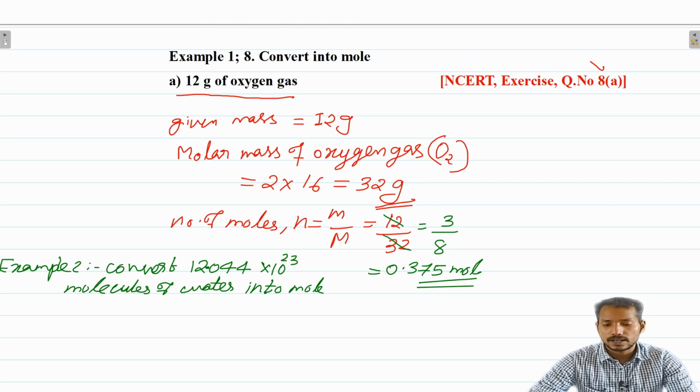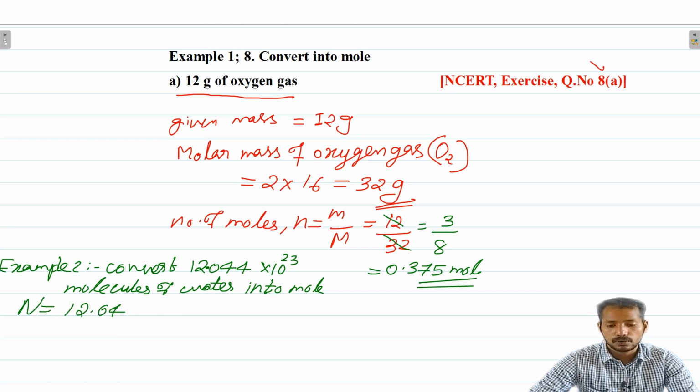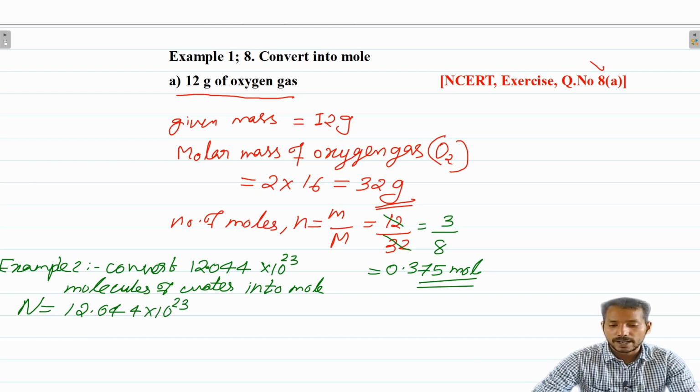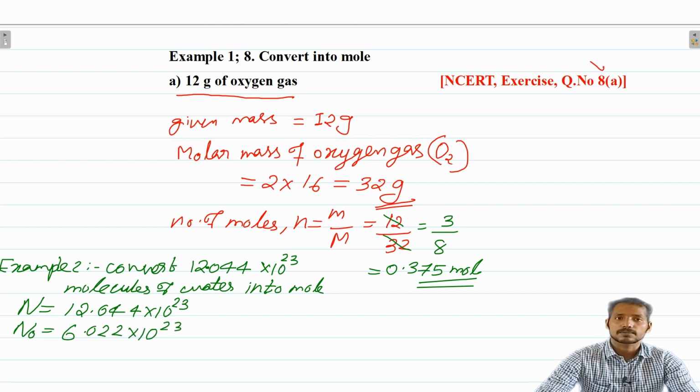So here you can see the given number of particles, that is N, is equal to 12.044 into 10 raised to 23. What is the Avogadro number? N0 is 6.022 into 10 raised to 23.